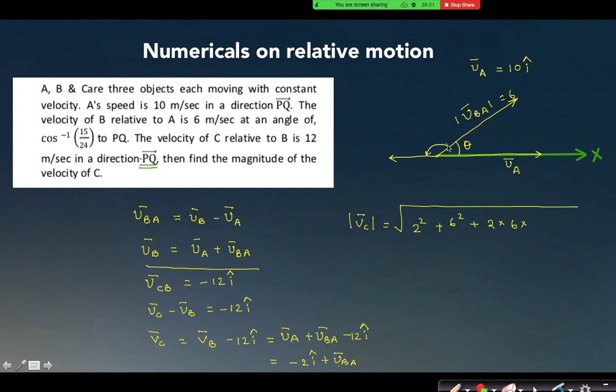That angle is 180 minus theta. Cos of 180 minus theta is how much? Minus cos theta. So this value is minus cos theta, which is 15 by 24, that is 5 by 8. So now what should be the answer of this one?